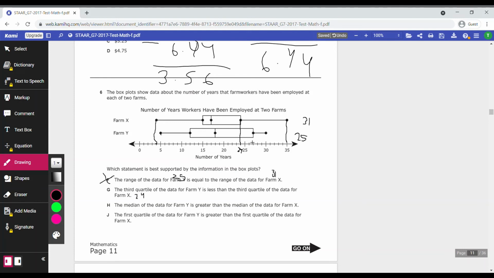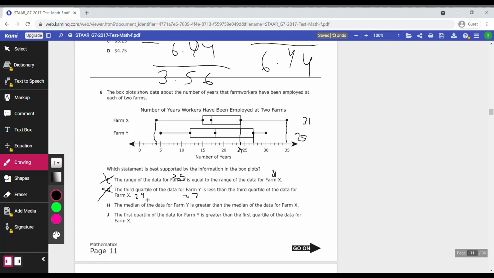Farm Y is 27. So 27 is not less than 24, so it's not G.